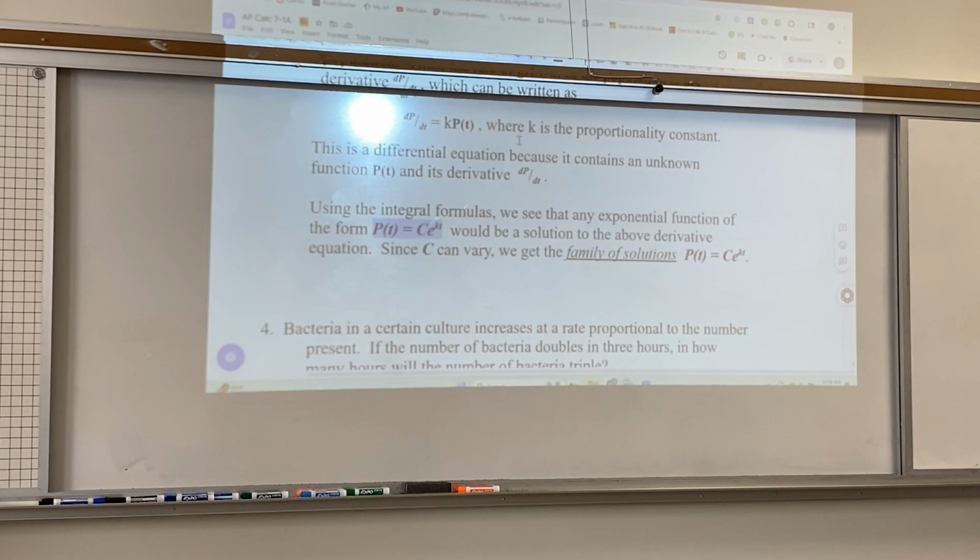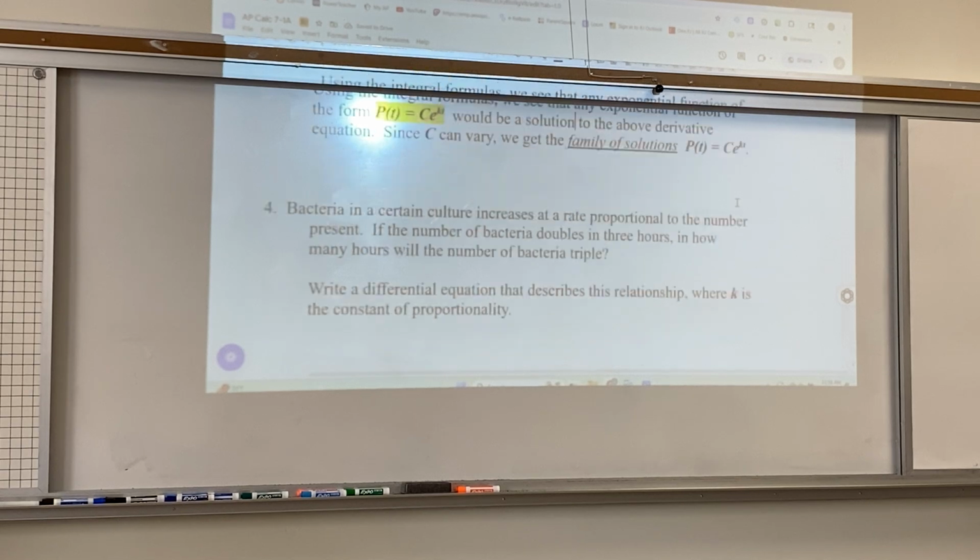If you got this right there, I'll highlight it again in the notes, it is a solution for any differential equation that looks like that. That's the key.